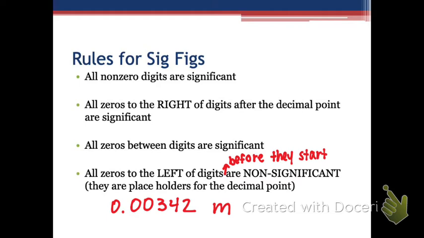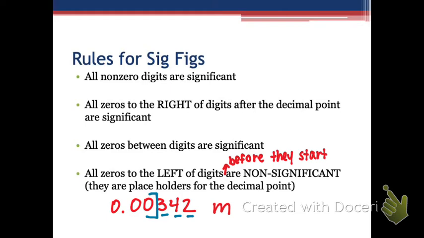All right, here's our rule. Zeros to the left of digits before they start are non-significant, right? These zeros all come to the left of digits, okay? They are non-significant. So here we have 1, 2, 3 significant figures, and that's it. So let me explain why.